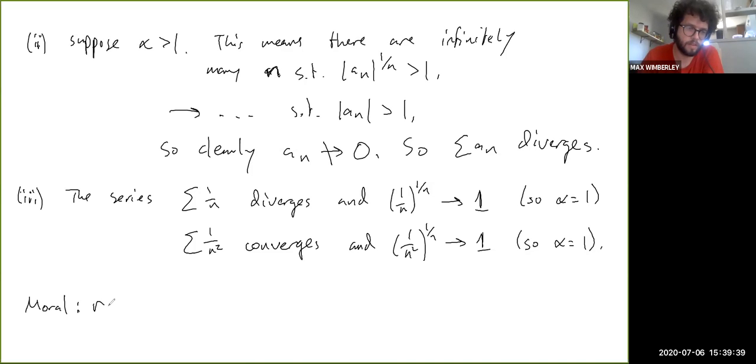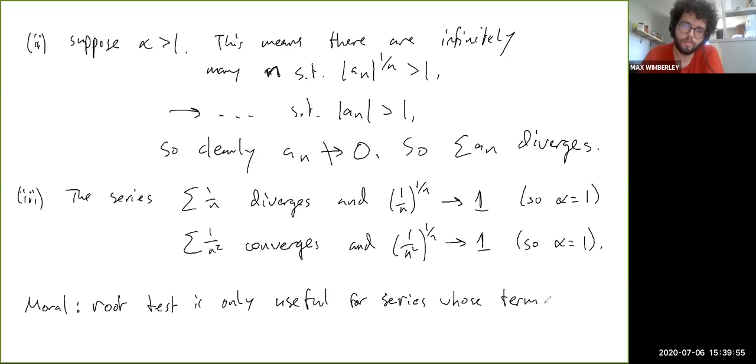So the root test is only useful for sequences or series whose terms grow or decay at least exponentially quickly.